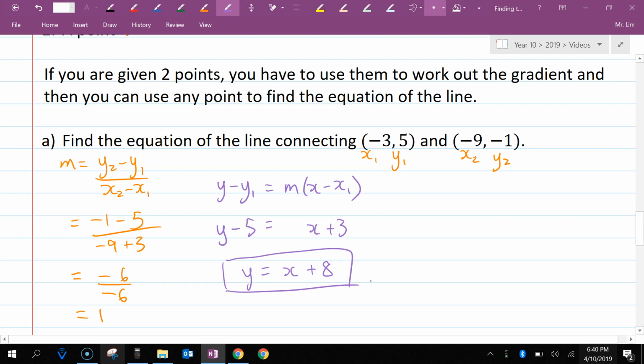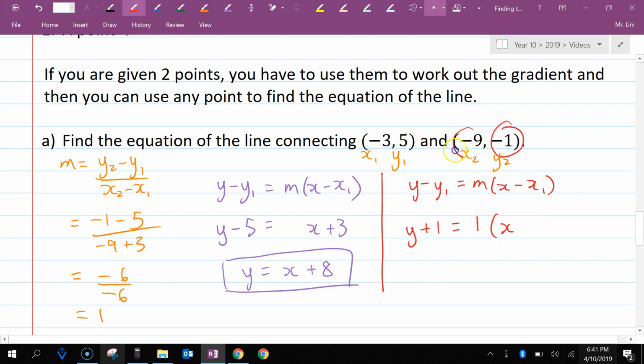Now, if you're wondering, like I said, you can use any of the 2 points and you'll get the same answer. Let's just double check that. So y minus y1 is equal to m bracket x minus x1. If I were to use y1 as this one, minus 1 becomes plus 1. We know the gradient is 1.